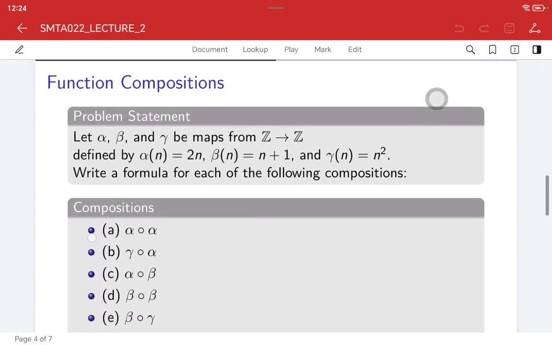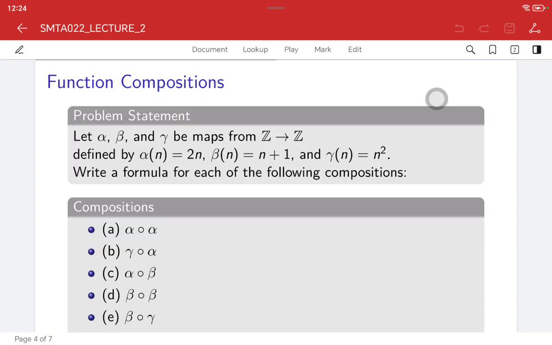Now here, we are given this. They say that we should apply function compositions. The problem statement says: let phi, beta and r map from Z to Z. So this is defined from Z to Z. They define phi of n equals 2n, beta of n equals n plus 1, and r of n equals n squared.